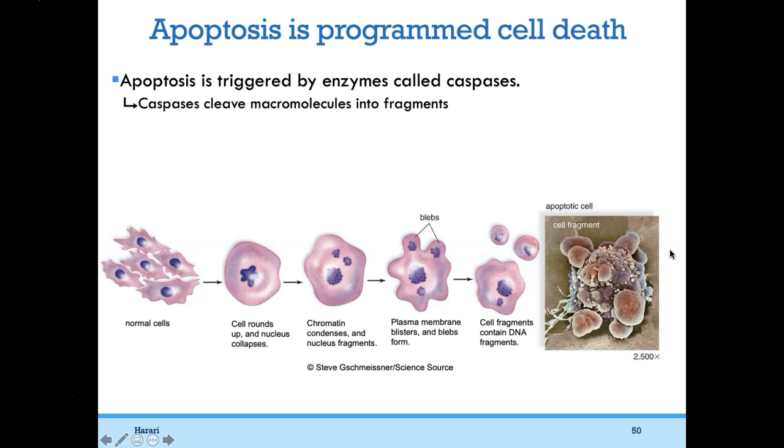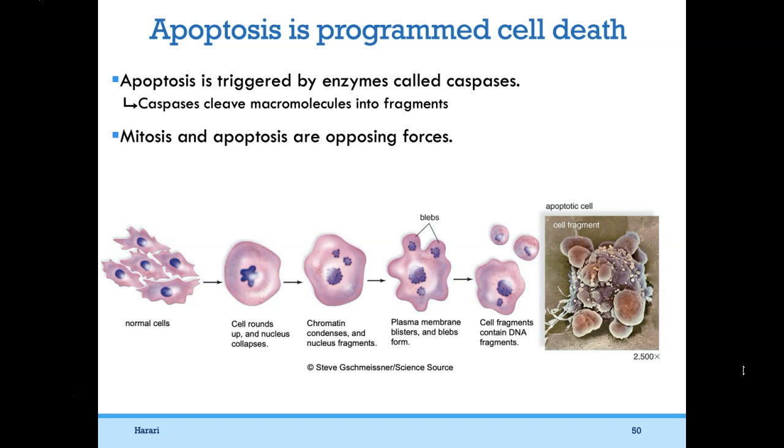All of these cells are fragmented until there's nothing left. So it's very tightly controlled. Caspases are enzymes that can chop up larger molecules into fragments. Now we have all these different cell fragments with pieces of the nucleus, but they're not functional cells. So we kind of chopped up the cell in a food processor.